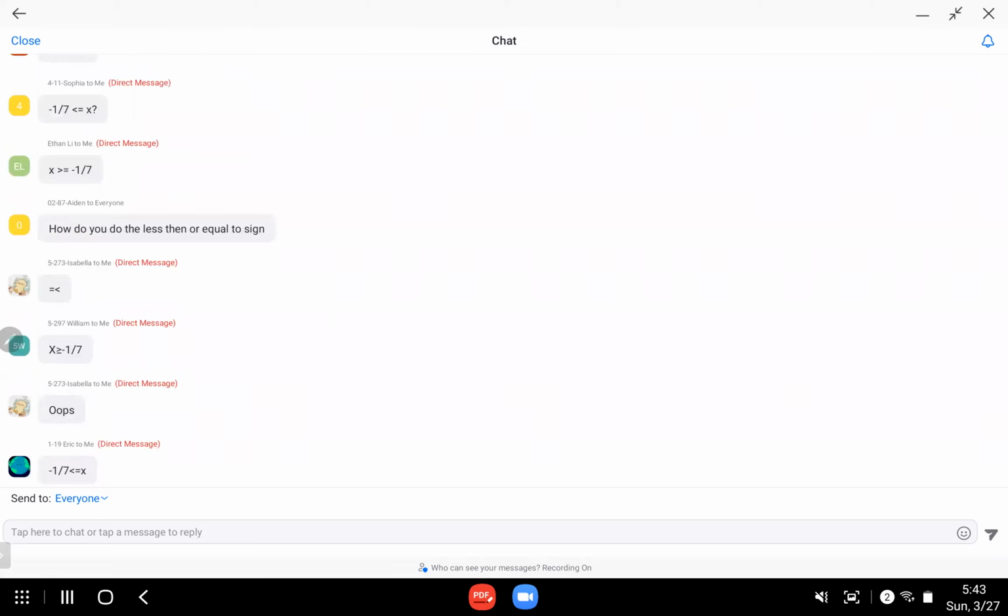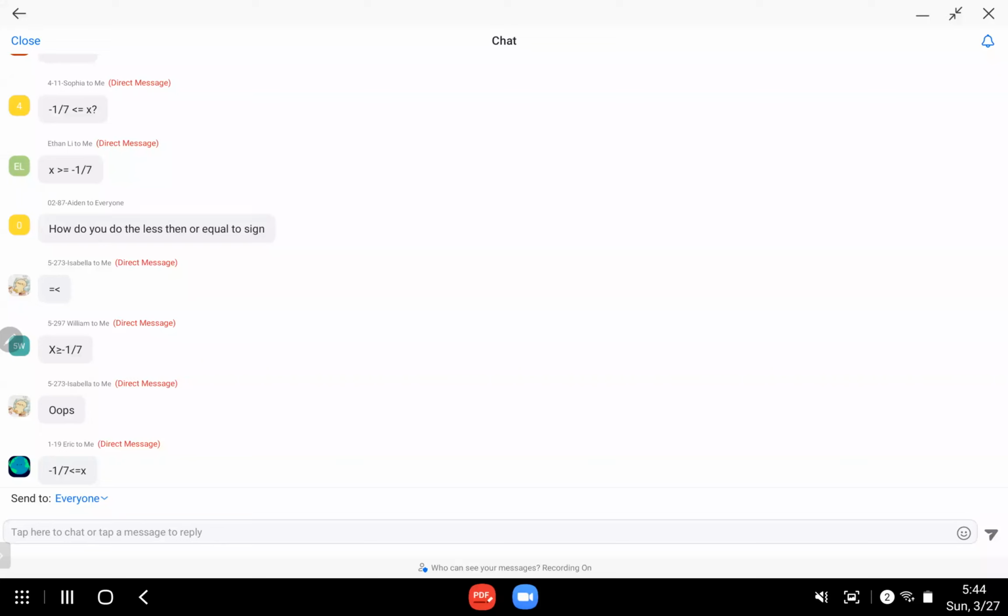How do you do that sign? Oh, never mind. I think it only works on some keyboards, but I press the Alt or Option button, and I press the less than or greater than sign and then it made that sign. Actually, let me try that. I haven't heard of that before. Okay, never mind.